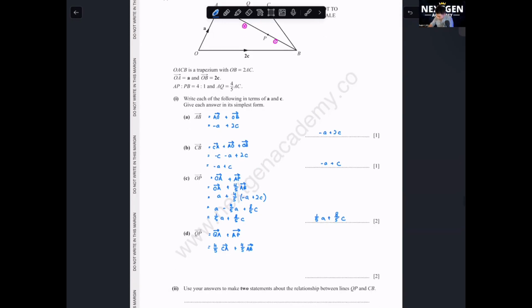This will be 4 over 5 minus C, and we can straight away use the value I found: minus 4 over 5A plus 8 over 5C. Add it all up together: you get minus 4 over 5C plus 8 over 5C, and then minus 4 over 5A. So minus 4 over 5A plus 4 over 5C.